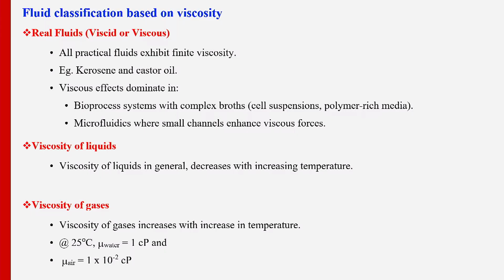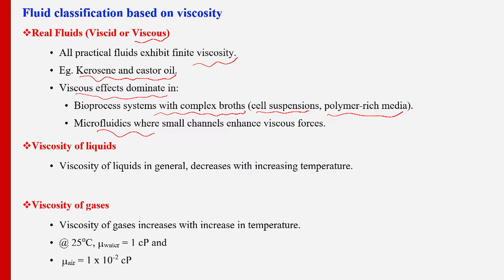Then the real fluids, what we use in the real world, we always call viscous fluids. The best examples are kerosene and castor oil. All practical fluids have finite viscosity. The viscous effect is dominant in bioprocess systems, especially with complex cell suspensions and polymer-rich media.